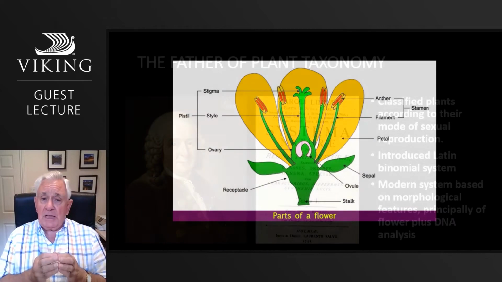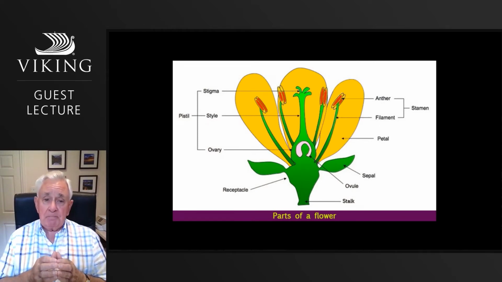So if we look at the structure of a flower, you can see it has petals, which you recognise. It has the stamens, which are the pollen-bearing structures. Any of you who have seen the inside of lilies will know them well. And then underneath you've got the sepals, all on a stalk.